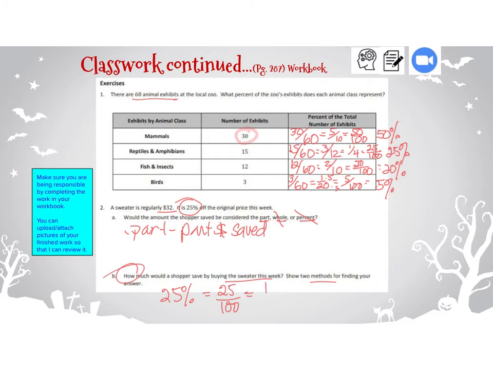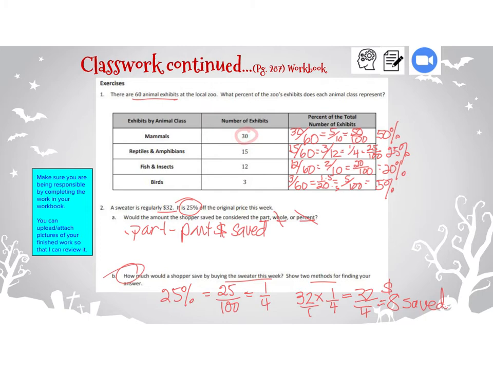And that equals 1/4 of the cost, right? So then I'm going to take that 32, which is the original price, and multiply that by 1/4. And 32 over 4 is 8. So that means we save $8. That's good.